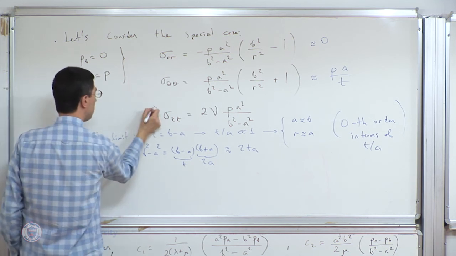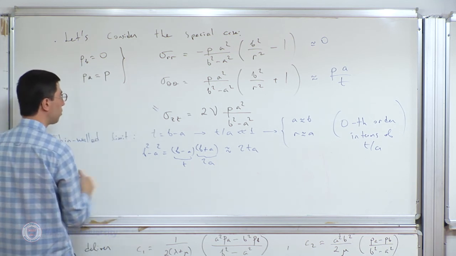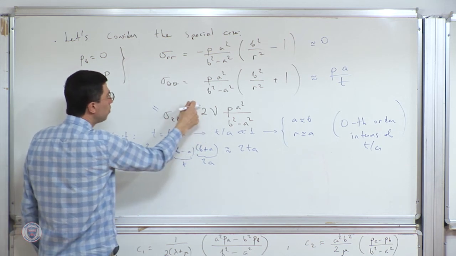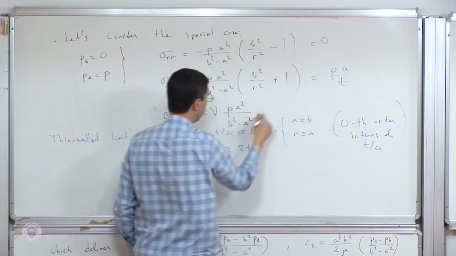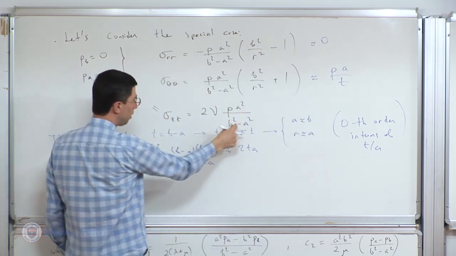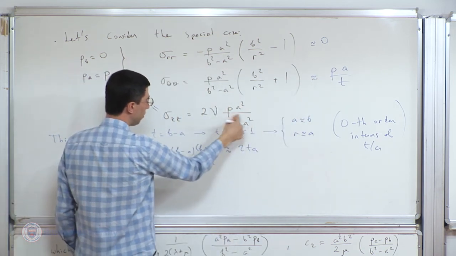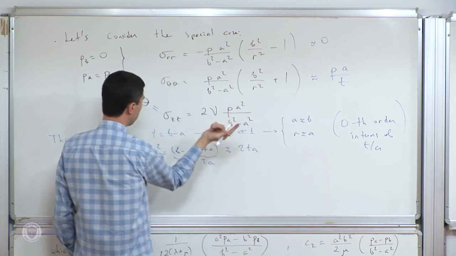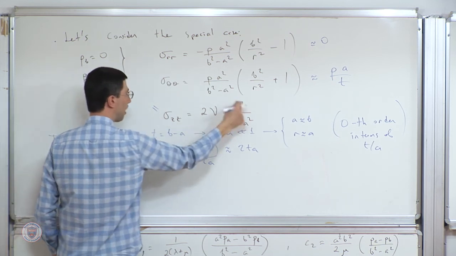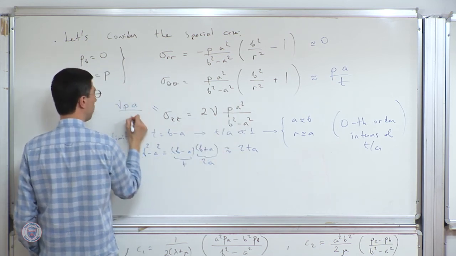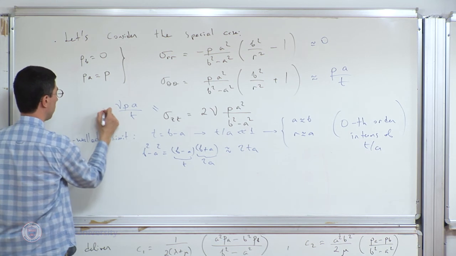And sigma ZZ, on the other hand, is nu times sigma theta theta plus sigma RR. But if I plug in immediately here as well, I'll get the same result. This is 2TA, cancels with the 2. So you will again get nu times P times A over T, with A cancelling.